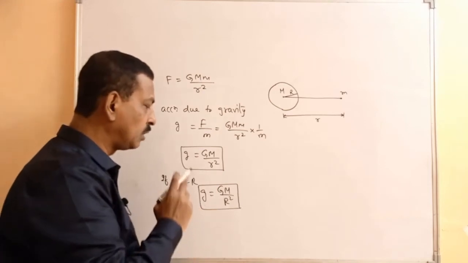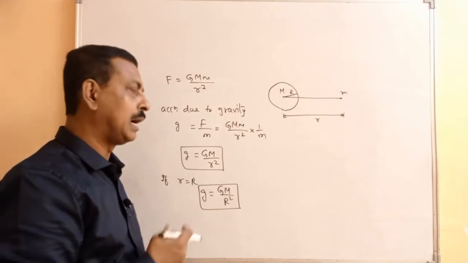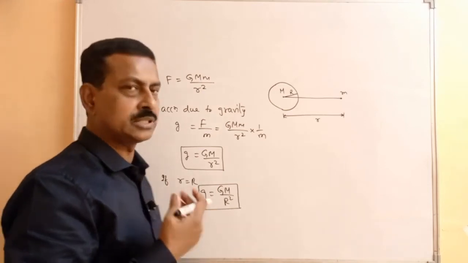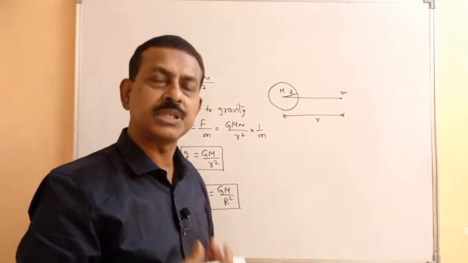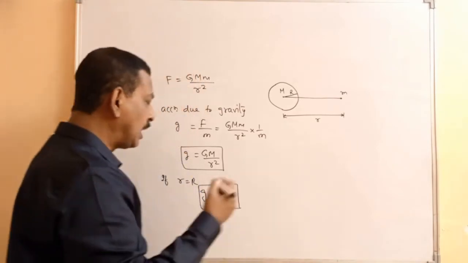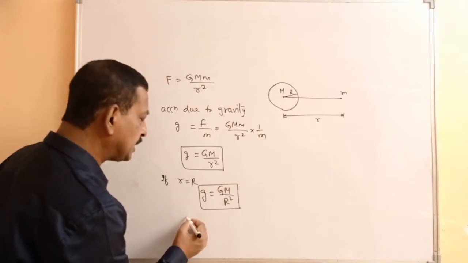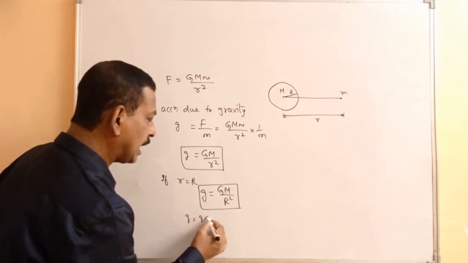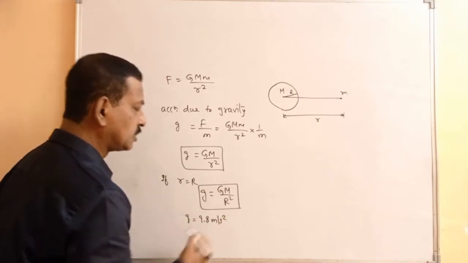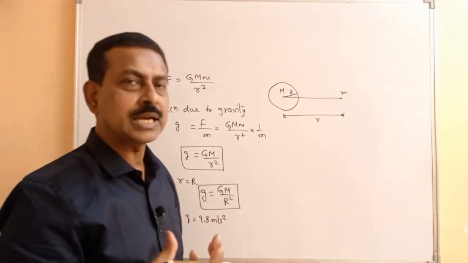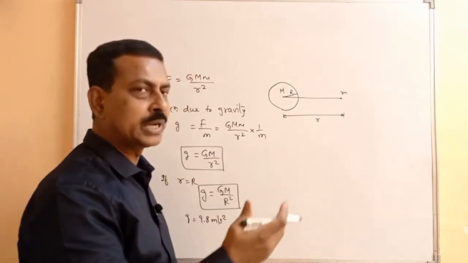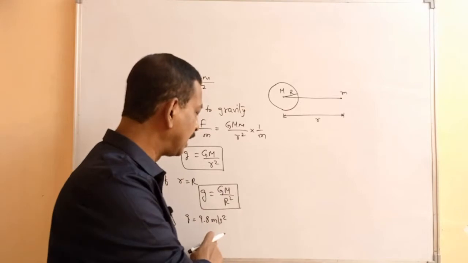So this is the value of g. And the accepted value of g is taken as 9.8 meter per second square. This is the accepted value. For numericals and other problems, you can use this value there.